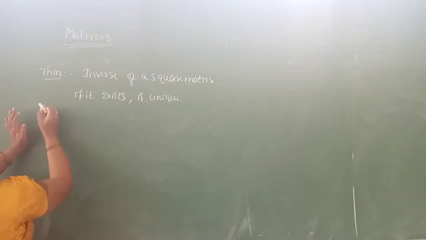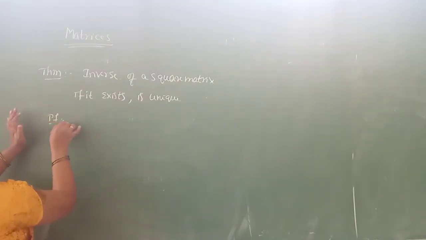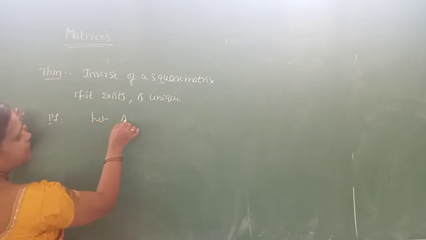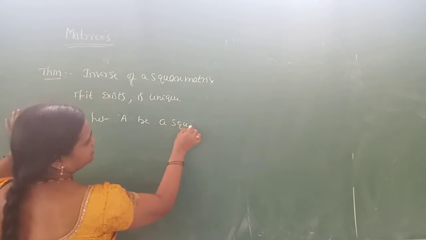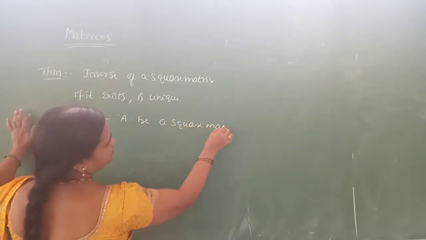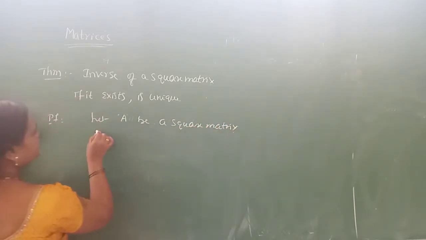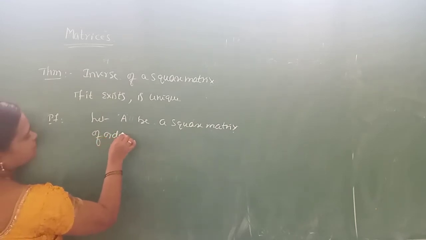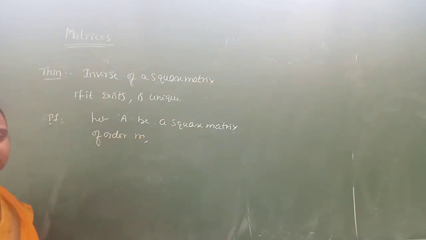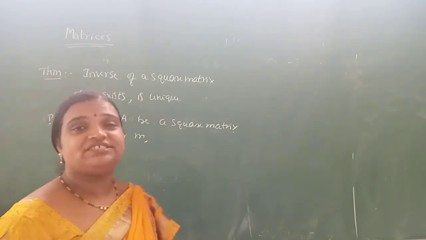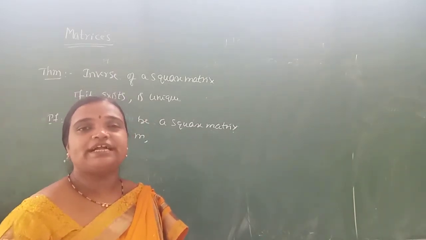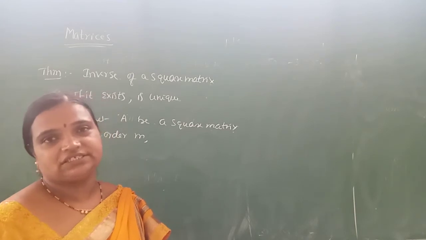Solution or proof. Let us consider A, a square matrix of order n. Next, we have to prove the inverse is unique, which means only one exists. Let us assume that two inverses exist.